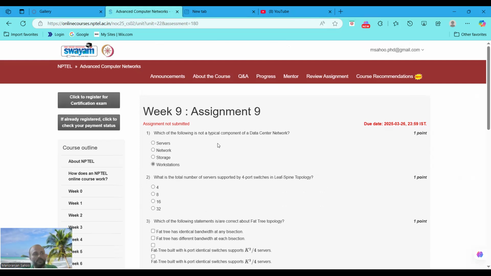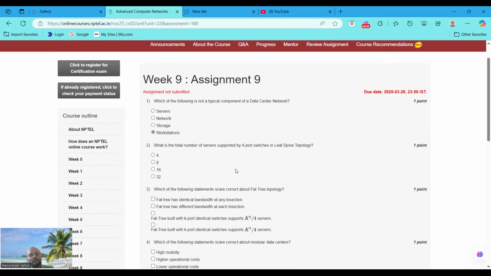Now, moving to question number 2. What is the total number of servers supported by 4-port switches in a leaf spine topology? The total number of servers is 8. In a leaf spine topology with K-port switches, here K is equal to 4. Leaf switches connect to the servers and spine switches. Spine switches connect to the leaf switches.